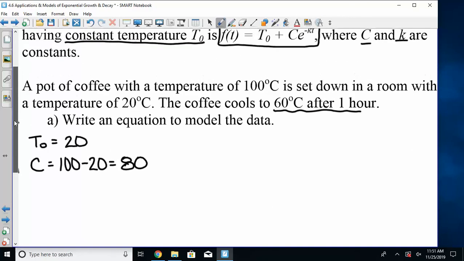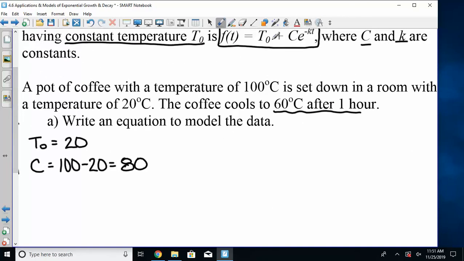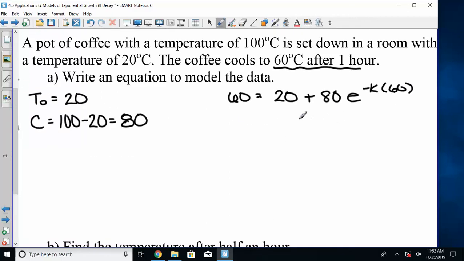Minutes? Okay. So we're going to plug in, so my F of T, that was my temperature, so that would be a 60, is my T sub 0, my 20, plus my C, which is 80, e to the negative k times my time, we decided minutes, so that would be 60. This one's a little bit different, but how do we solve this?